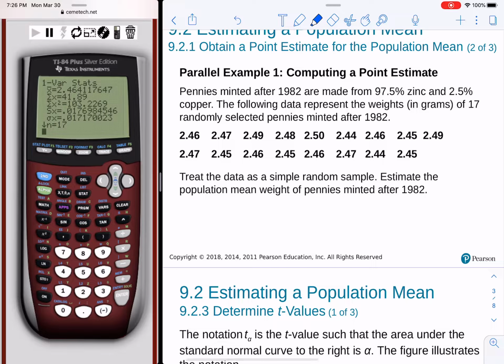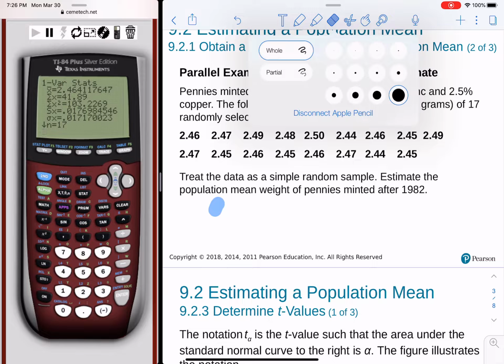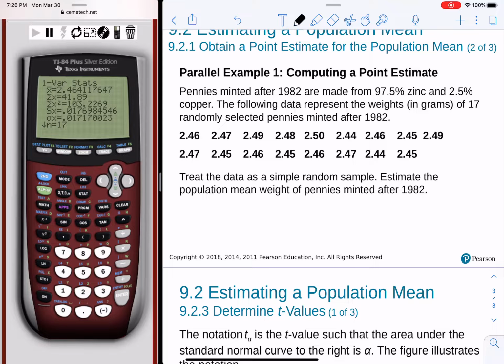So we find the mean x bar to be 2.464, and that is the point estimate for mean mu. Mu is the population mean, and it is simply the average weight.